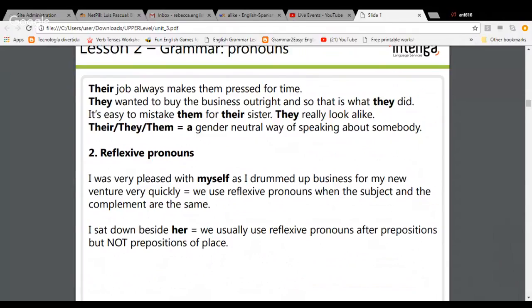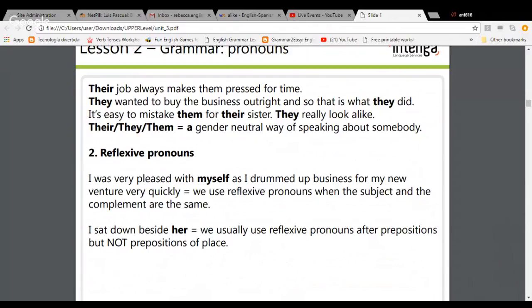They really look alike. Their, they, them are gender neutral ways of speaking about somebody. And this is exactly what I was just saying. So, if you don't want to use one all the time, have another option.